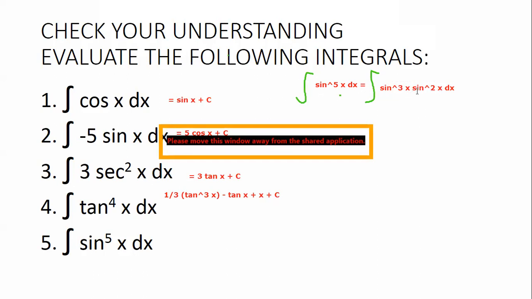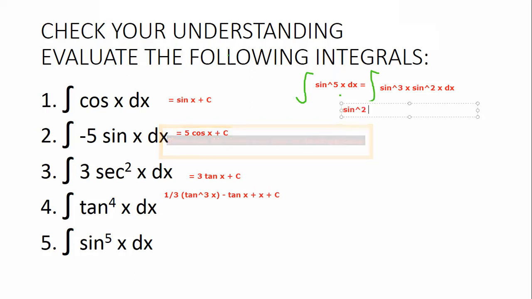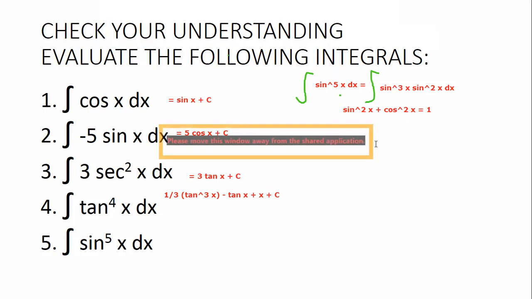we can integrate it using a trigonometric identity. Remember that in our Pythagorean identity, sine squared of x plus cosine squared of x equals 1. So subtract cosine squared x from both sides of the equation. This will be 1 minus cosine squared x.